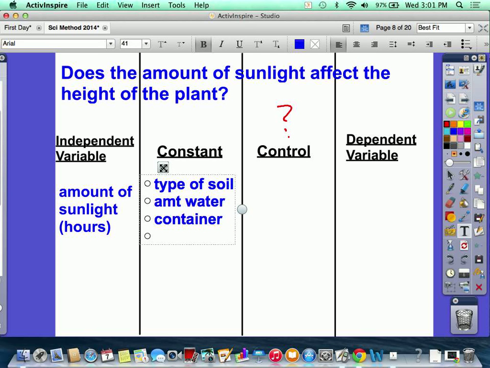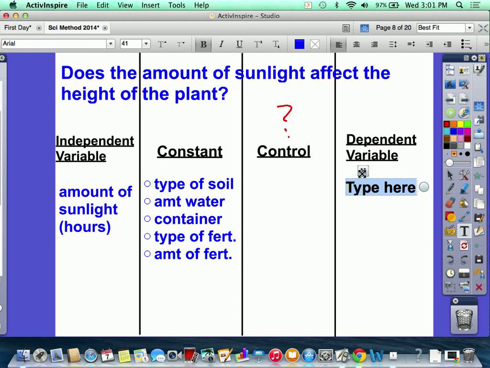If we're going to use fertilizer, the type of fertilizer that we use, the amount of fertilizer. And there's probably some others we could come up with as well. Our dependent variable is going to be what we're measuring, and that's even spelled out in our question. We're going to be measuring the height of the plant.